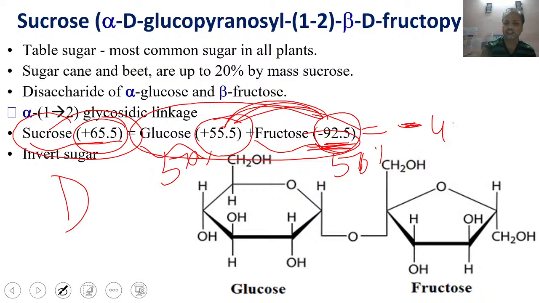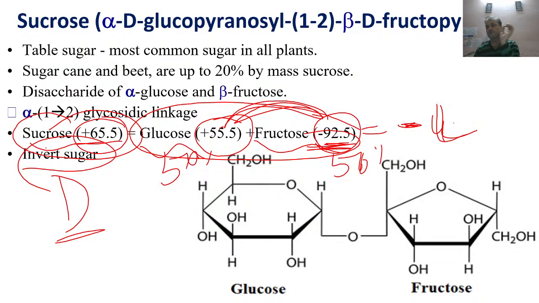So sucrose is dextrorotatory, and when you digest it, it becomes levorotatory. The optical rotation has completely changed: dextro becomes levo, a kind of opposite effect. That is called invert sugar, because of this change in optical rotation from dextro to levo when it is digested.